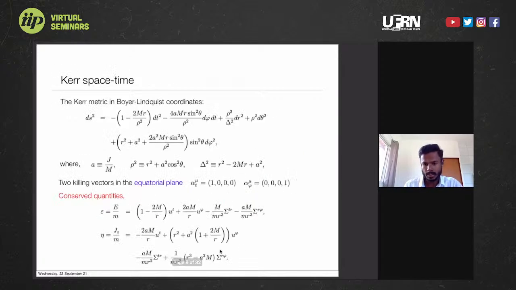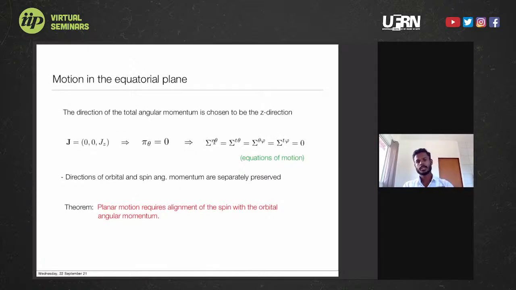Which is given here in the conserved quantity. It's only sigma tr and sigma r phi. We are only left with these two in the plane. So this condition implies that the directions of orbital and spin angular momentum must be separately preserved. As a result, we get a theorem stating that when a spinning particle is orbiting in the Kerr plane, the direction of the spin of the particle must either align parallel or anti-parallel with respect to orbital angular momentum.